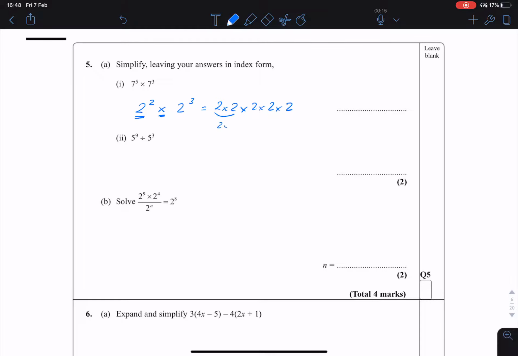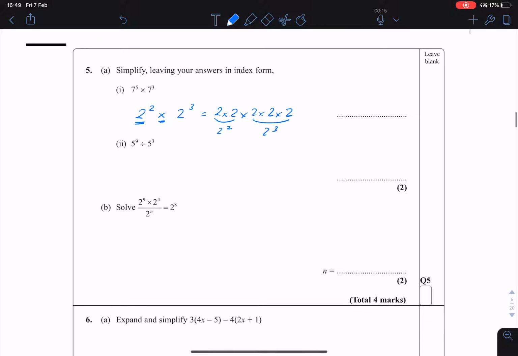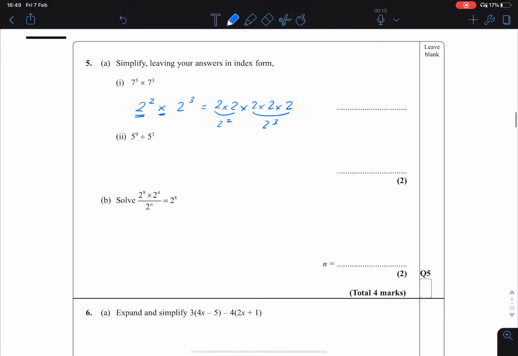That being our 2 squared, and that being our 2 cubed. But you can see now that we've got 2 times 2 times 2 times 2 times 2, which is 2 to the 5.